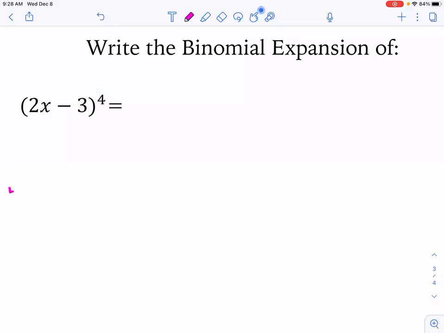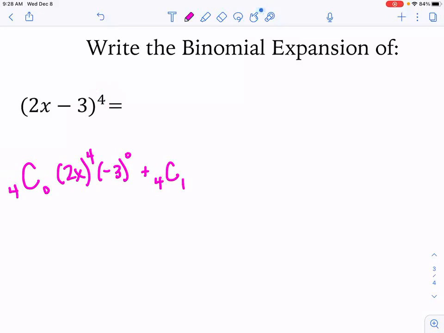So we are going to start with 4 combinations of 0. And we take our first term to that power and our second term to the 0 power. Okay. Then our next term, we are going to increase that combination by 1.